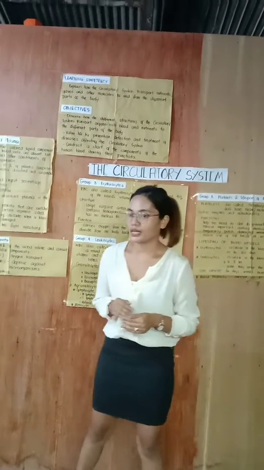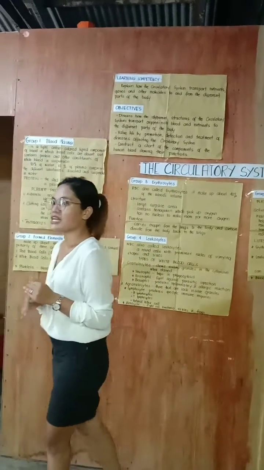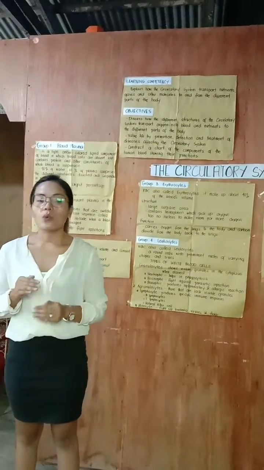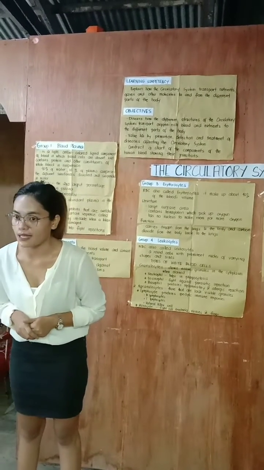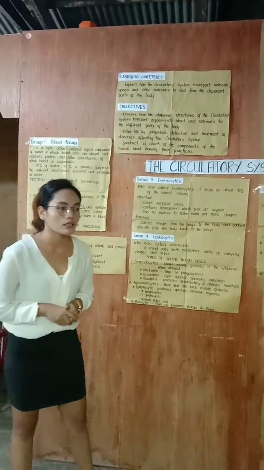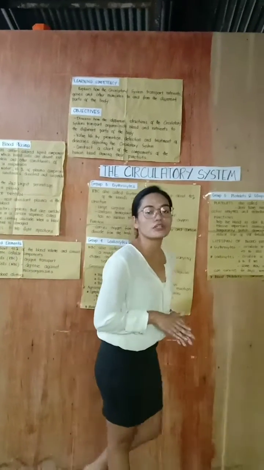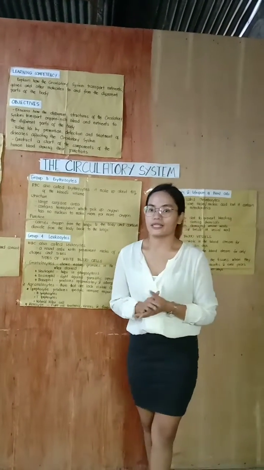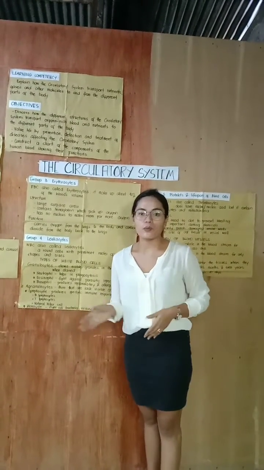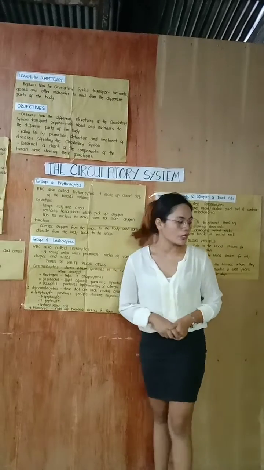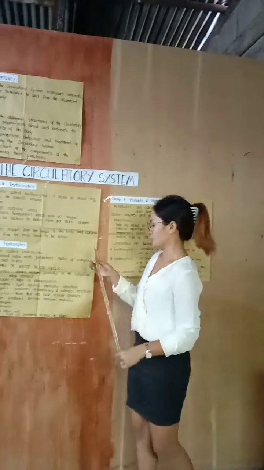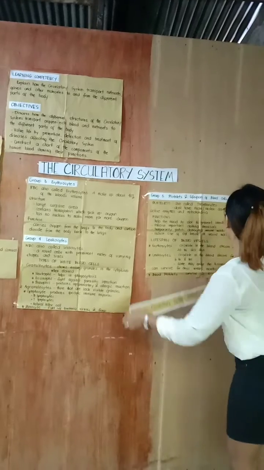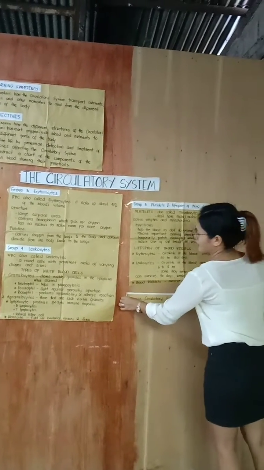The system is important. And why is the circulatory system called the transport system? Because it carries nutrients throughout our body. So is it clear, everyone? Okay, very good. So I have another question that I prepared for you. This one.